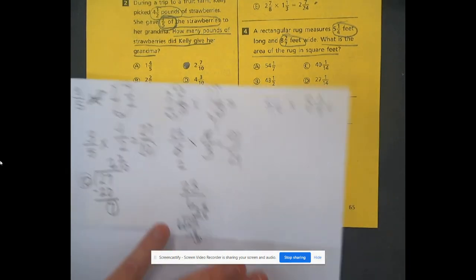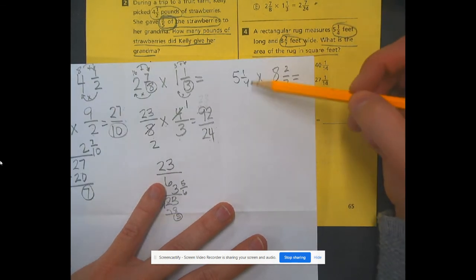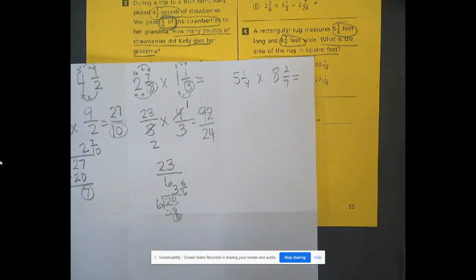Okay, so what do we need to do first? Change them into improper fractions. Go. Get to the point where you have both improper fractions and then stop. Go.